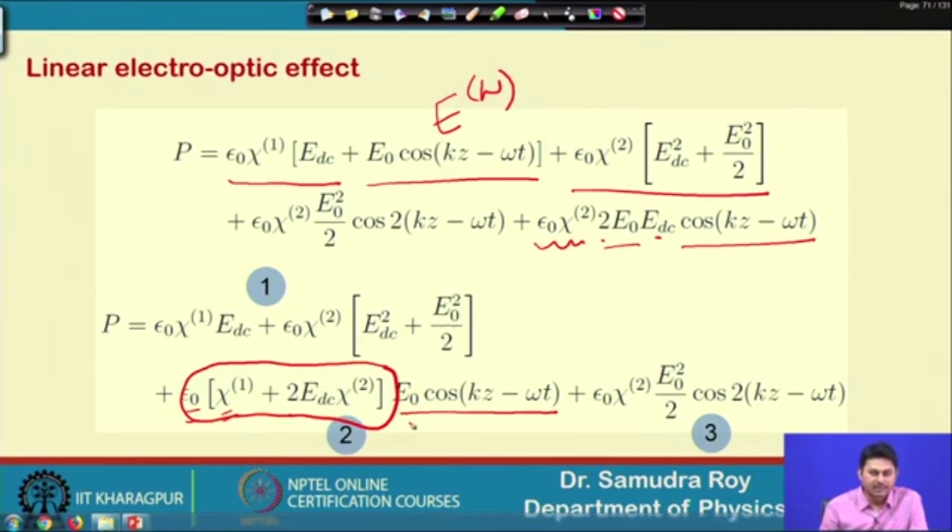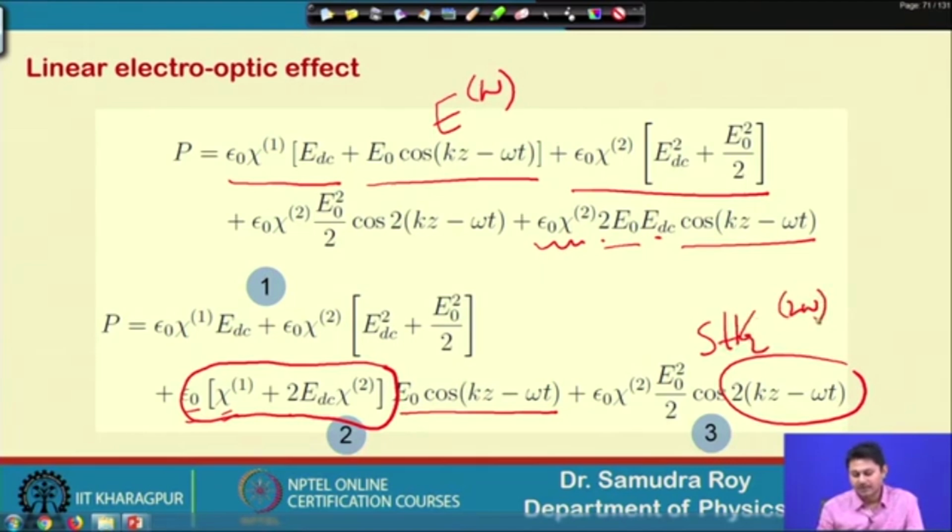So, we have a different kind of coefficient in front of this, and finally, we have a term which was already there in the previous case, which is basically the second harmonic generation term having the frequency component 2 omega. That term is already there in the previous case, and for the linear electro-optic effect, when we launch the DC electric field from outside, this term is also there.